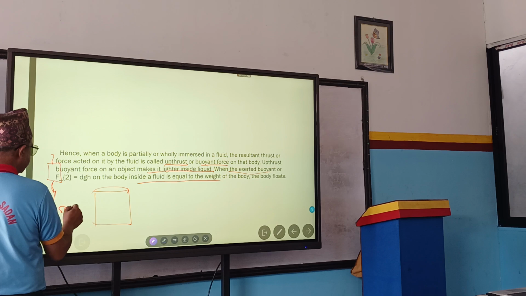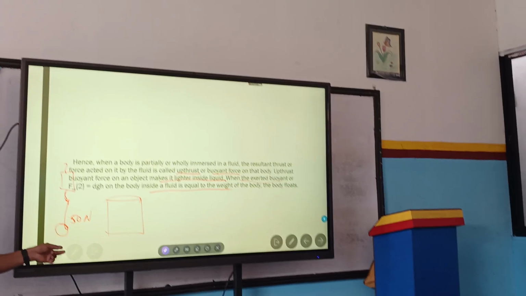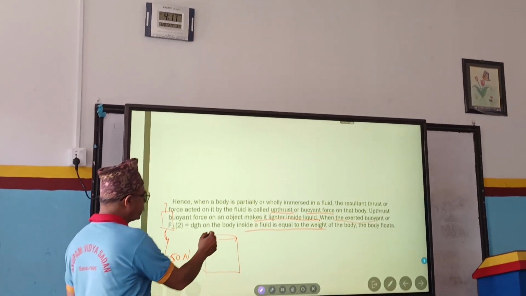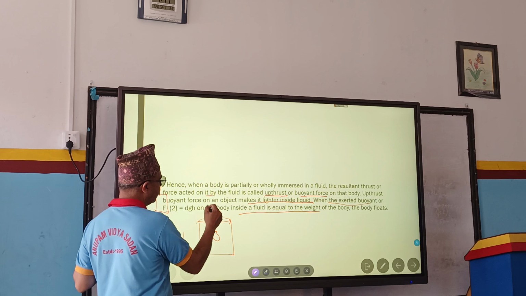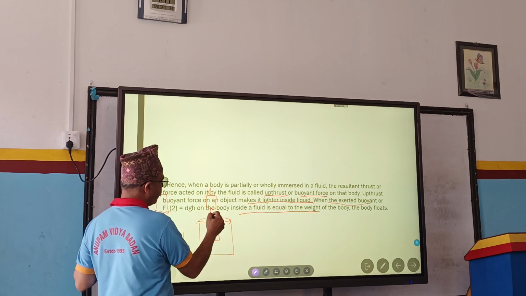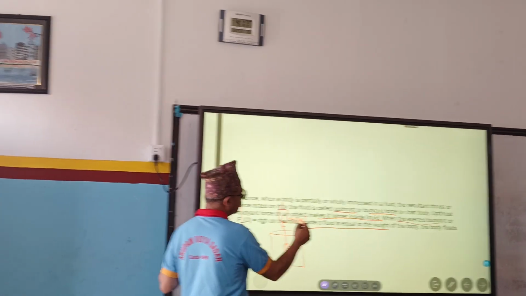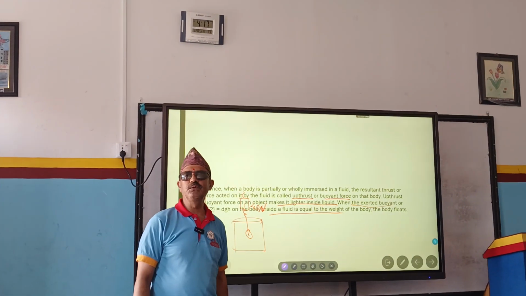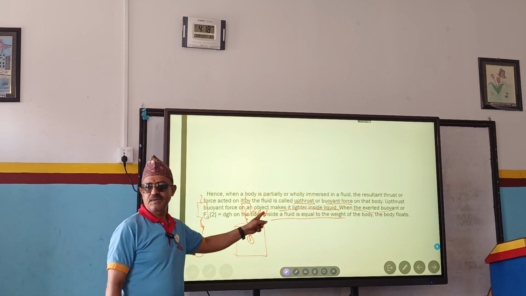The stone weighs 50 Newton in air. In air, how much does it weigh? 50 Newton. When we keep the same stone in water, what will be its weight? Let's say 14 Newton, 13 Newton, 20 Newton. Why does it decrease? Because of upthrust.